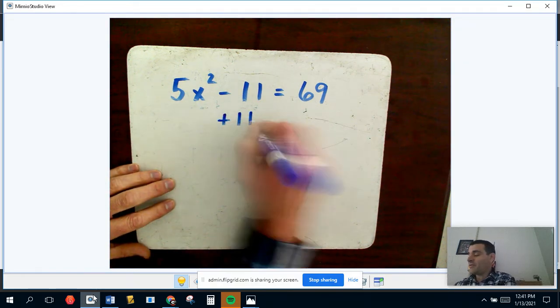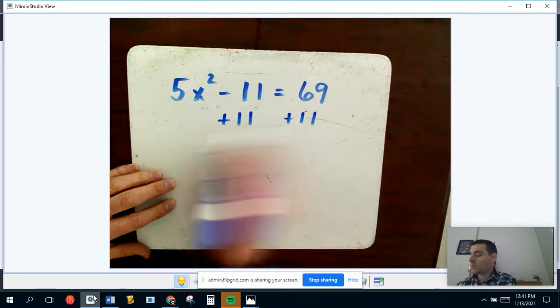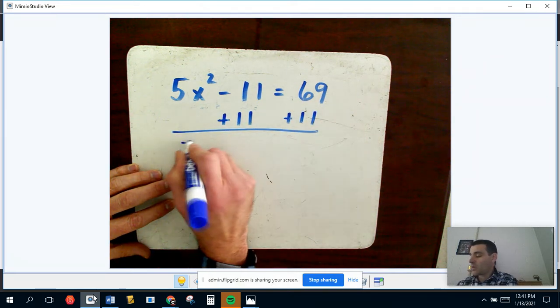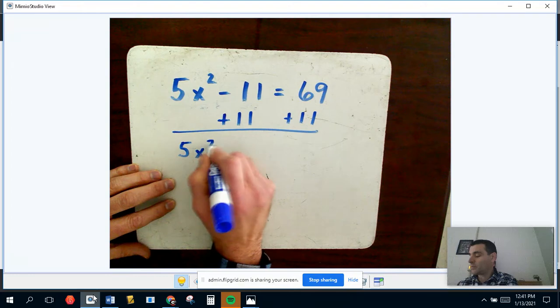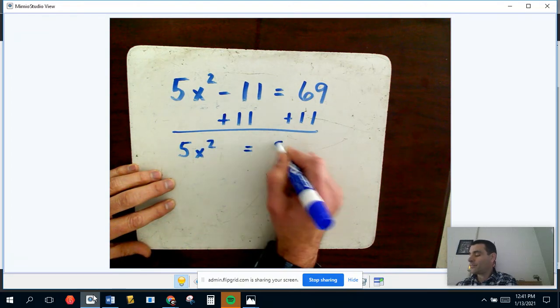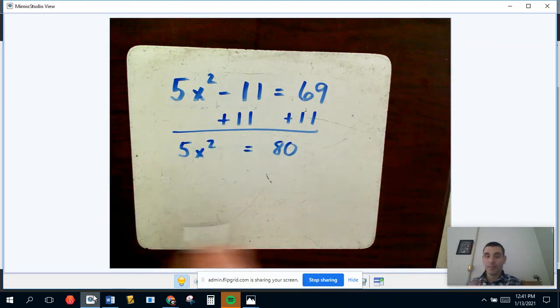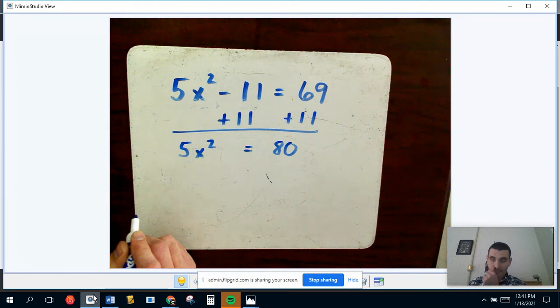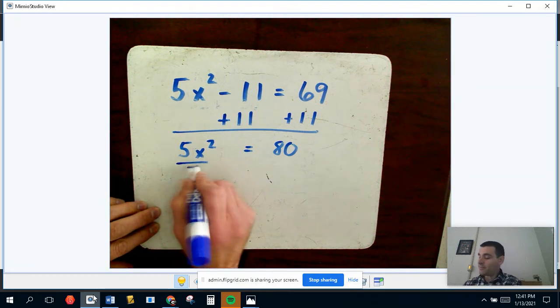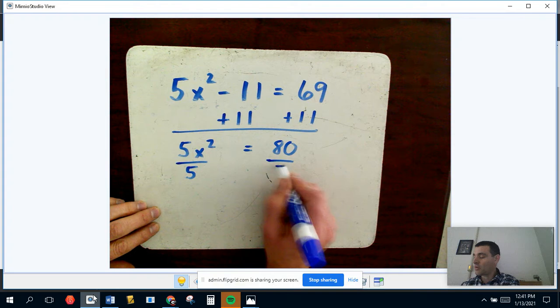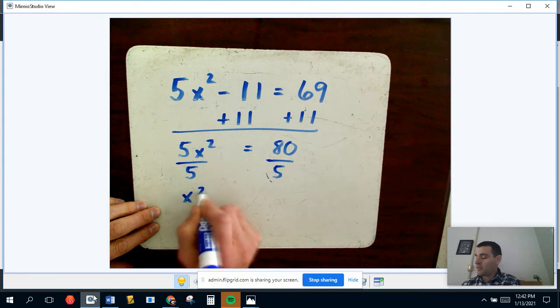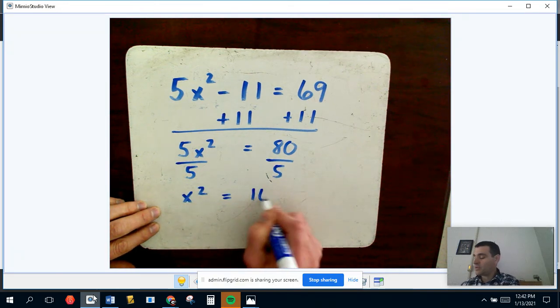So I'm going to add 11. Okay, divide by 5. Natural steps. If you solve an equation, this is natural to do. Use a calculator if necessary.